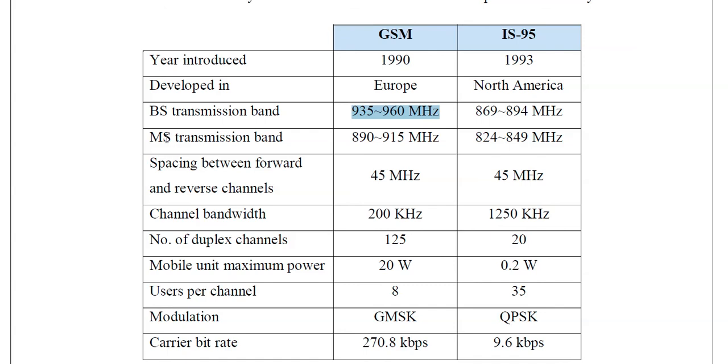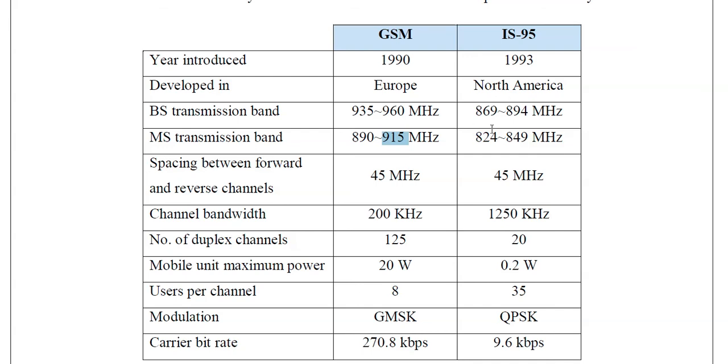The mobile station transmission band, this is the forward channel, this is the reverse channel. The mobile station transmission band is 890 to 915, so it's less than the forward. The reverse is less than the forward.